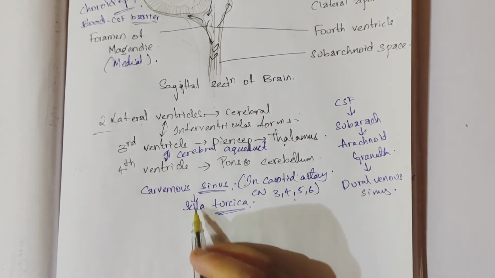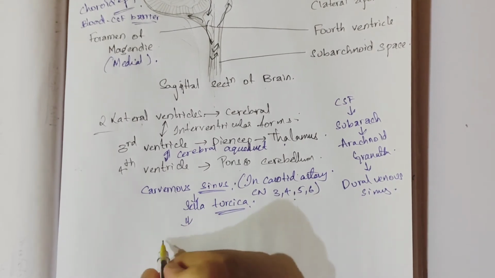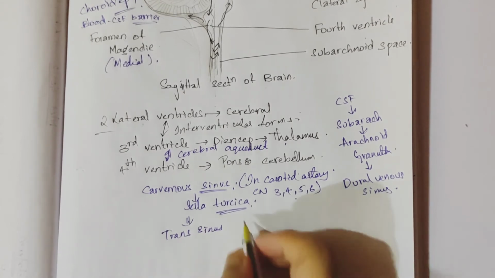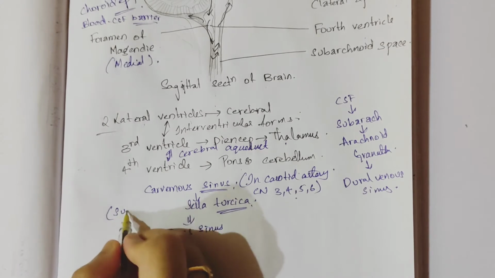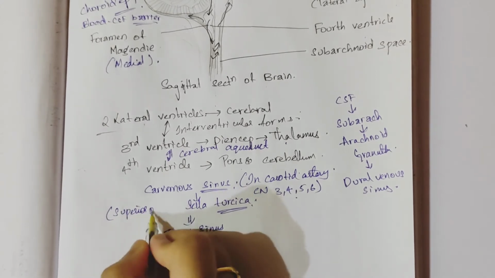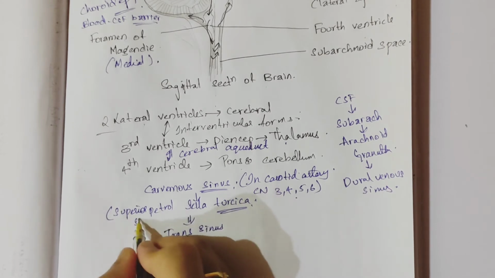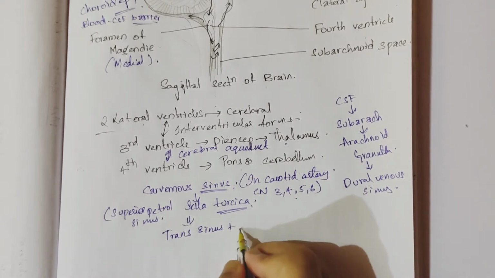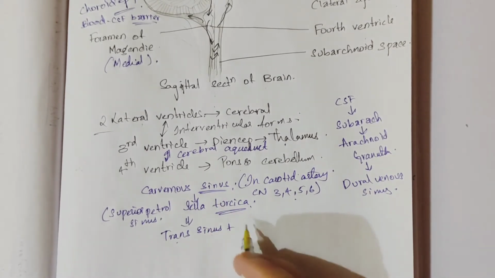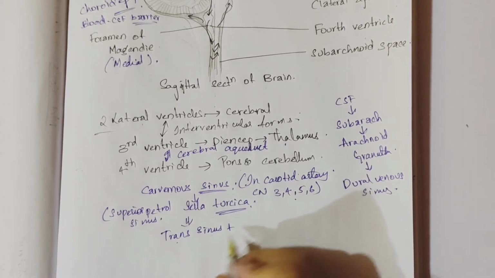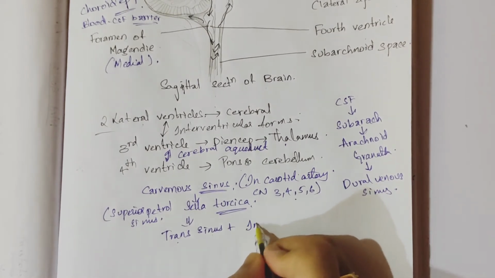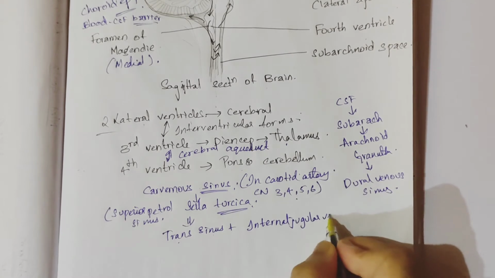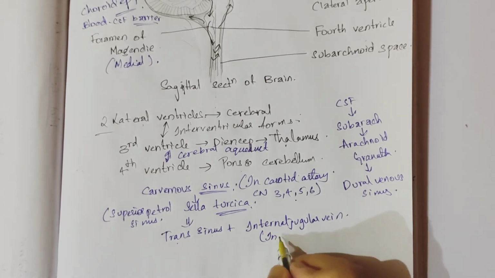So the cavernous sinus drains to the transverse sinus via the superior petrosal sinus, and also to the internal jugular vein by the inferior petrosal sinus.